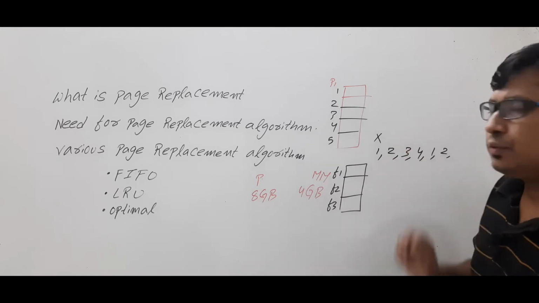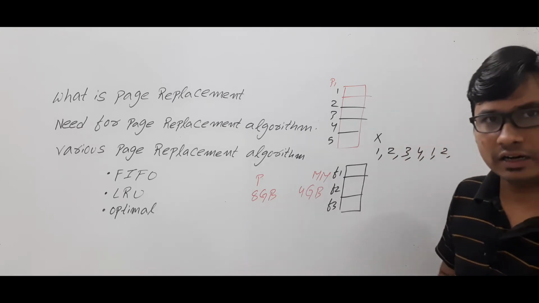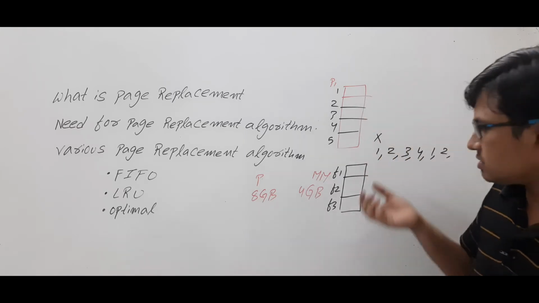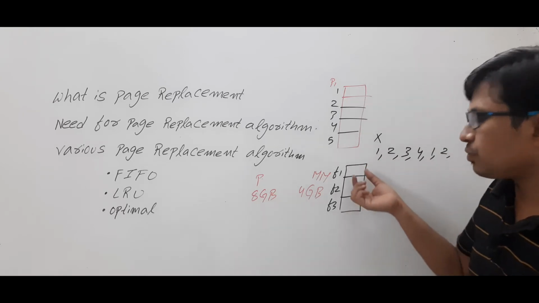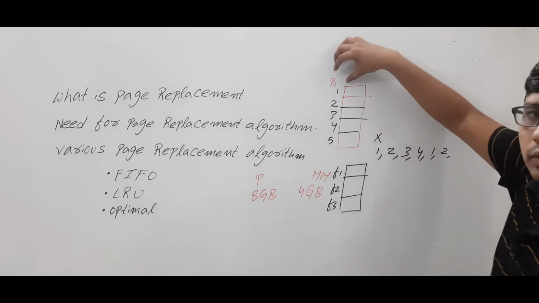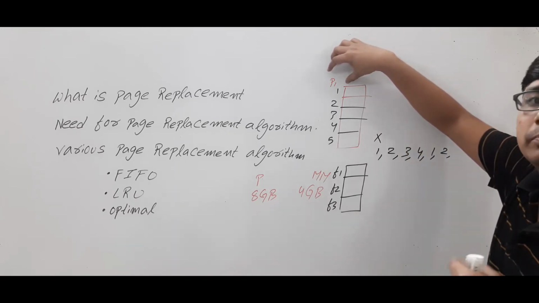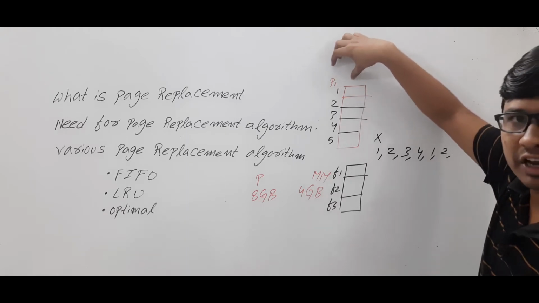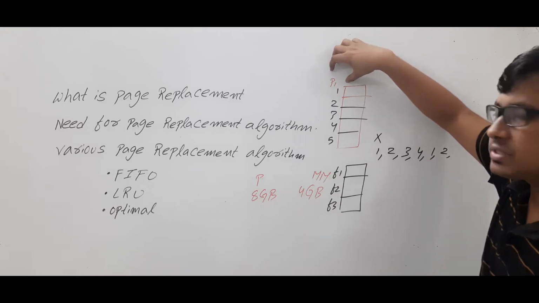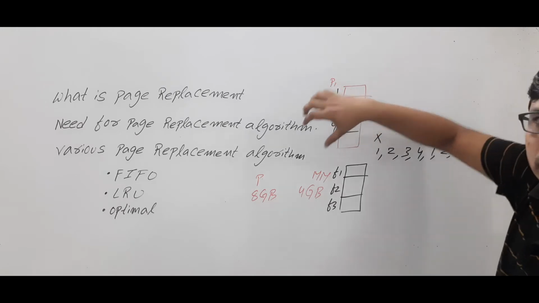Okay. Now, whenever a page fault occurs, on demand, because the CPU wants to access page number 1, as page number 1 is not available, we will do the swap in process. Meaning that page 1 is currently available in the secondary memory. From secondary memory we will load it into the main memory.